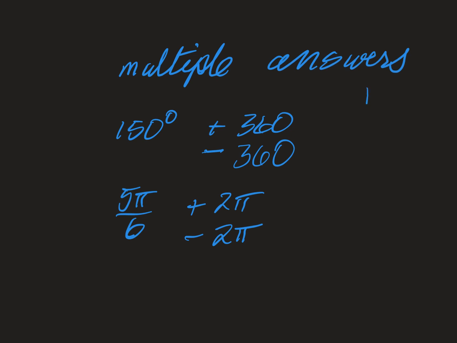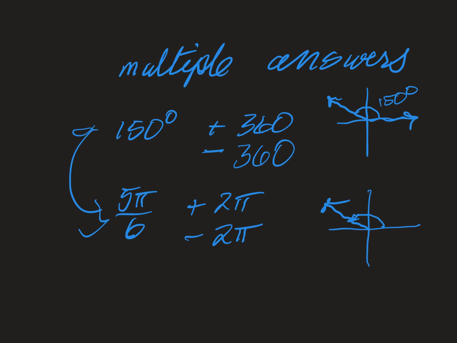But let me tell you, if you draw this out, 150, this is a 150 degree angle, 5 pi over 6. 5 pi over 6 is right here. Actually, these are exactly the same. From yesterday, convert them, and you'll find out they're exactly the same.